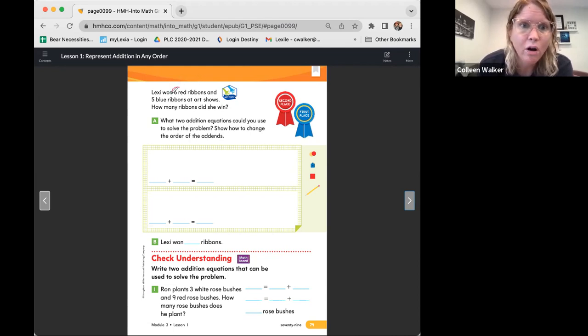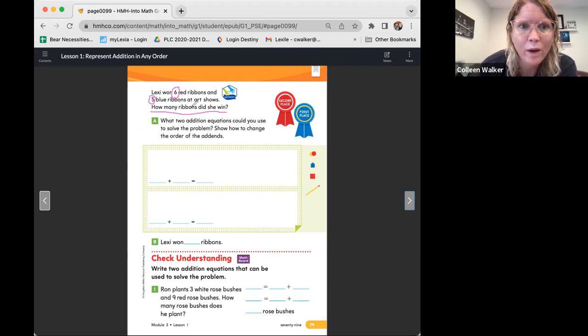Oh, if you are already circling the numbers, I love it. That's a great strategy to help you solve this problem. So if we circle the numbers, what's next? That's right. Underline the question. How many ribbons did she win? And we need to box keywords.